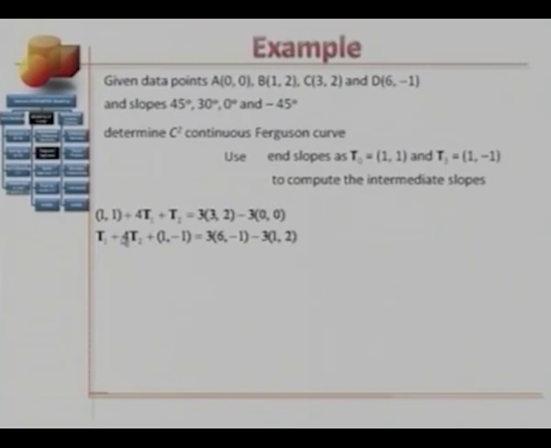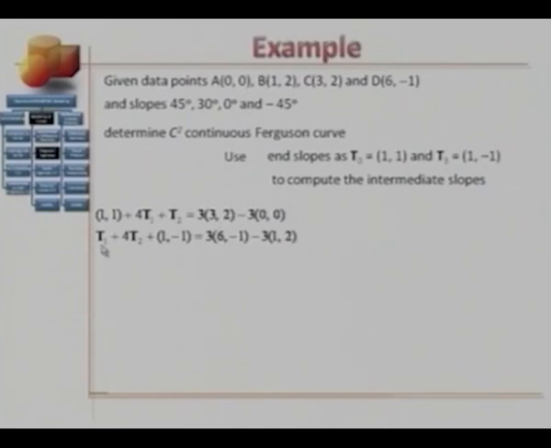We have T0, that is 1, 1, plus 4 times T1 plus T2 equals 3 times P2, which is 3, 2, minus 3 times P0, which is 0, 0.